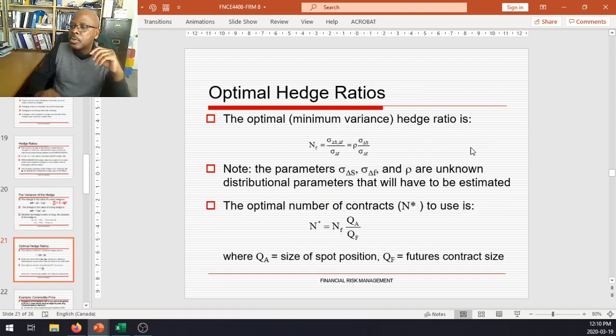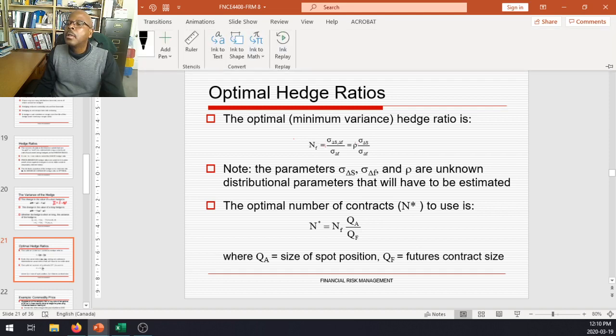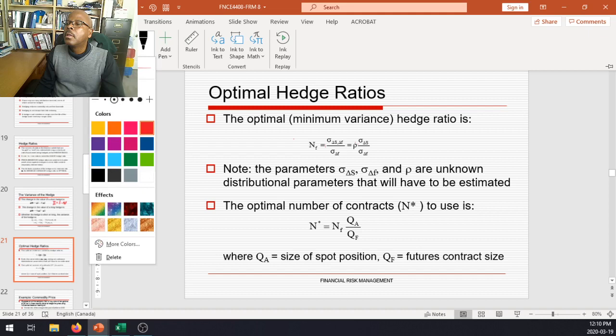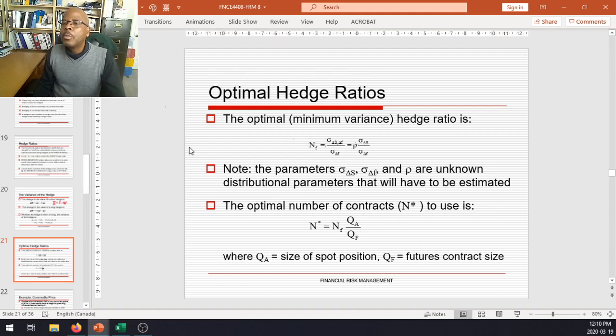What you end up getting is that the optimal hedge ratio is the correlation between these two, spot price and the futures price, times the ratio between the standard deviation of spot price changes and the standard deviation of the futures price changes.